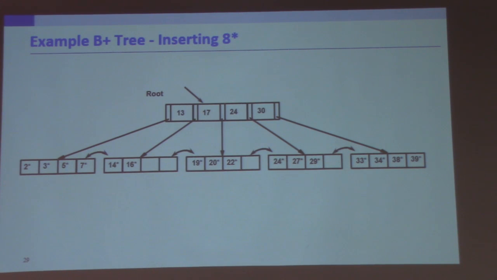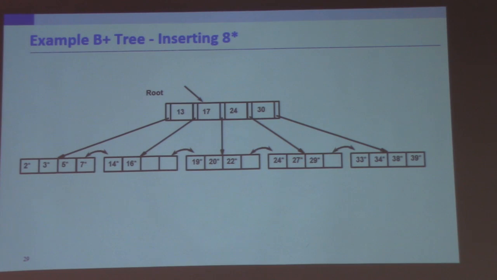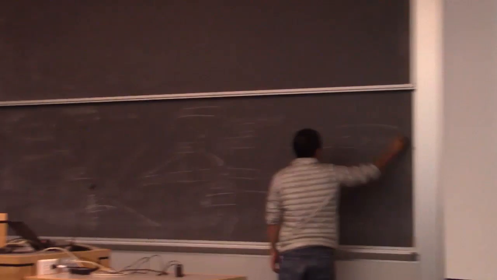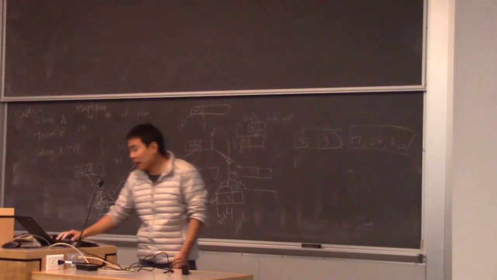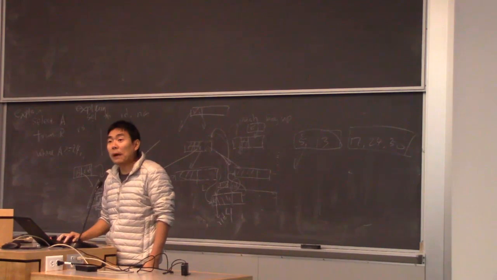Sorry. You end up with 5 and 17, and 5, 13, and 17, 24, 30. So this is in one page, this is in another page. This 5, where does this 5 come from? That comes from this new page in the leaf level.